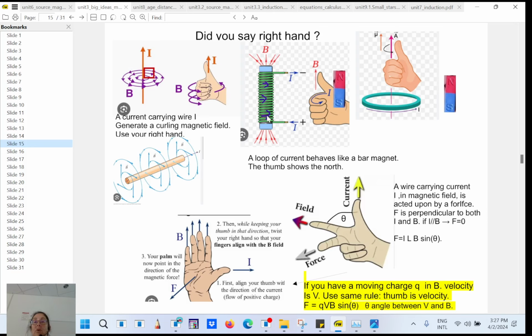So it means your coil is behaving like a bar magnet. Okay, that shows you the magnetic field. But you see, magnetic field always goes from north into the south, back to north, right? So the magnetic field shows you here which way it wants to flow. It wants to flow this way. So that will be your north. Your thumb is the north. And here, the bottom of your hand will be the south.